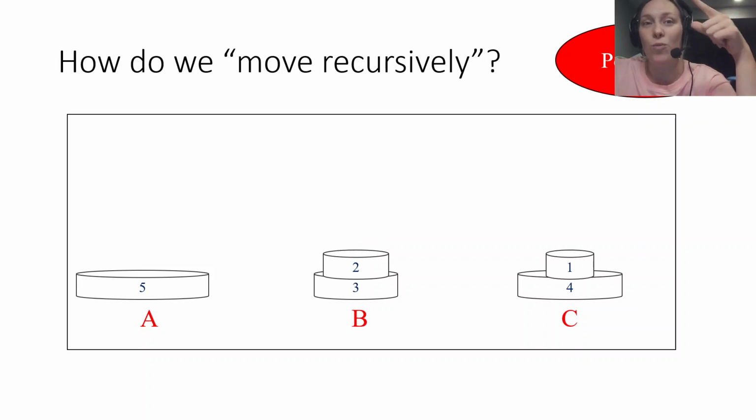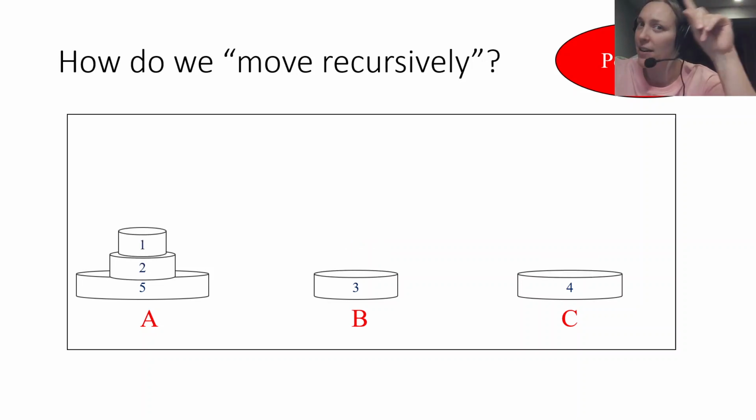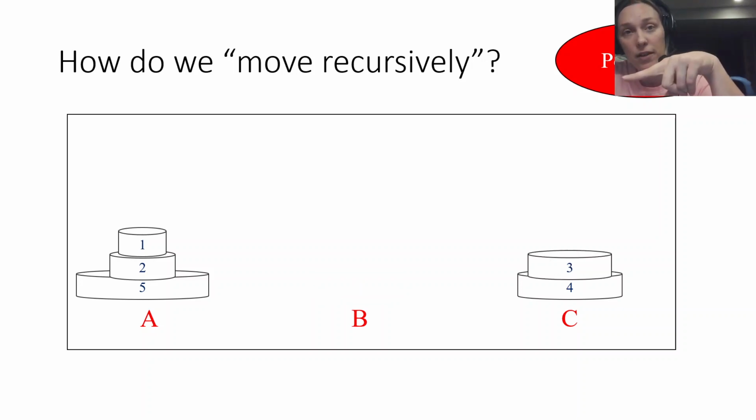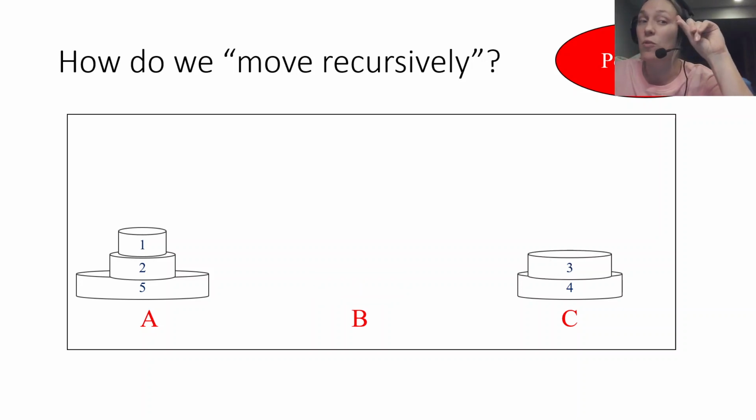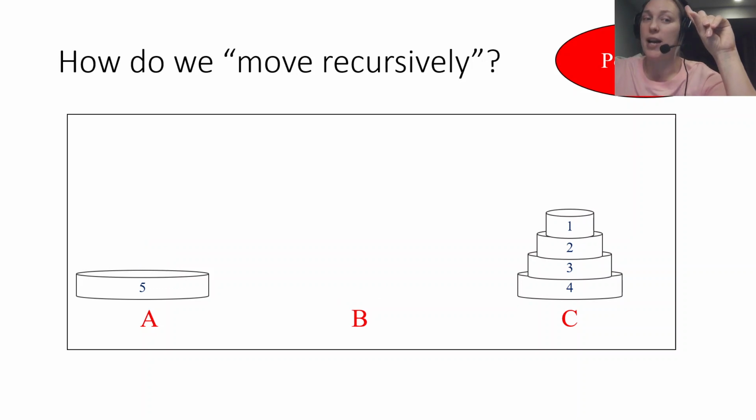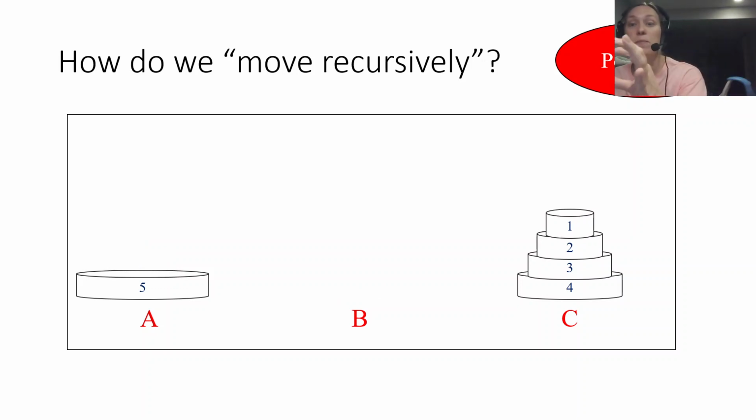Then I move 1, 2, 1. Then I move 3 back over. Then I move 1, 2, 1. That was all position 1. And notice how I moved everything over to tower C. That's the recursive.